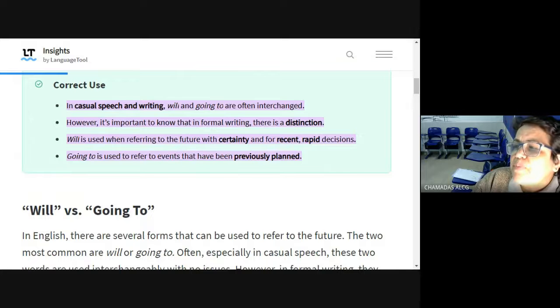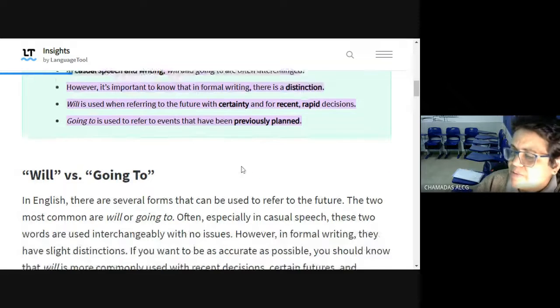This is not something that is already planned. It's just like a dream, okay? Now, going to is used to refer to events that have been previously planned, okay? So that's the basic difference.